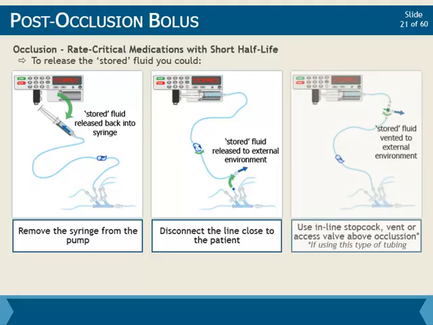Alternatively, if you are using tubing with an inline stopcock, vent, or access valve above the occlusion, you could use this port to release stored fluid from the tubing setup. This type of tubing is very useful in allowing the stored fluid to be removed from the line without having to remove the syringe from the pump or disconnect from the patient.